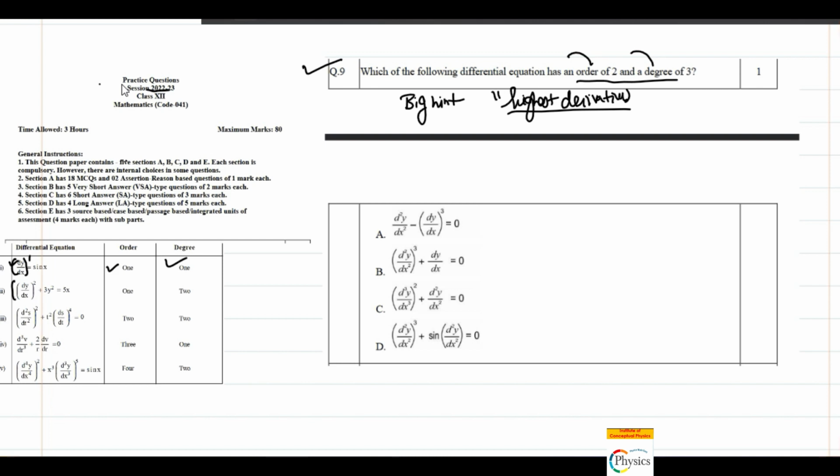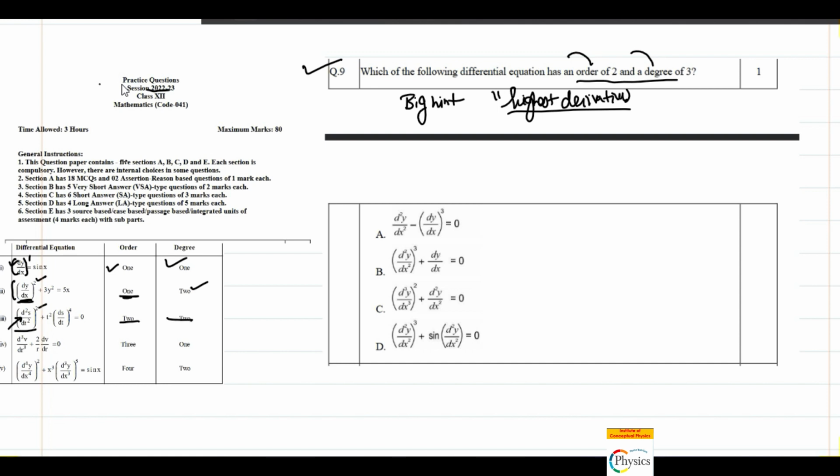Notice this: you have a single derivative and therefore the order is 1, but the single derivative has a power 2. So it becomes a polynomial in that sense and the degree is 2. Notice this is a case of a double derivative, so the order is 2 and the power of the double derivative is 2 again.